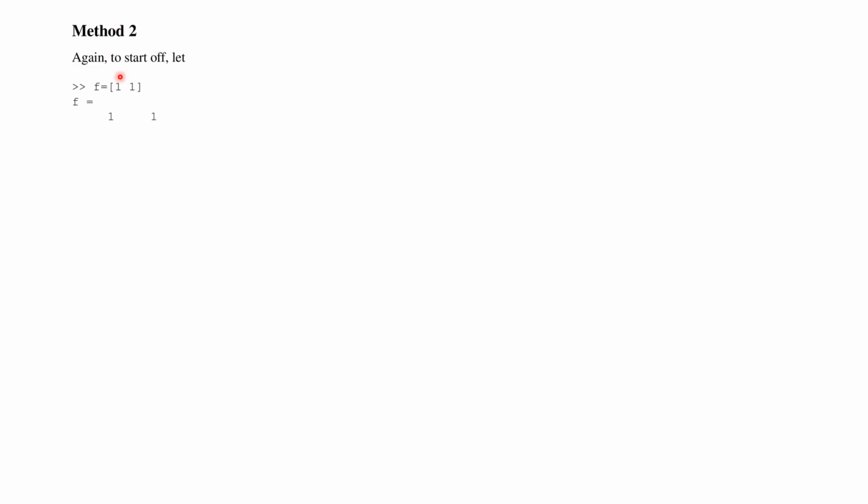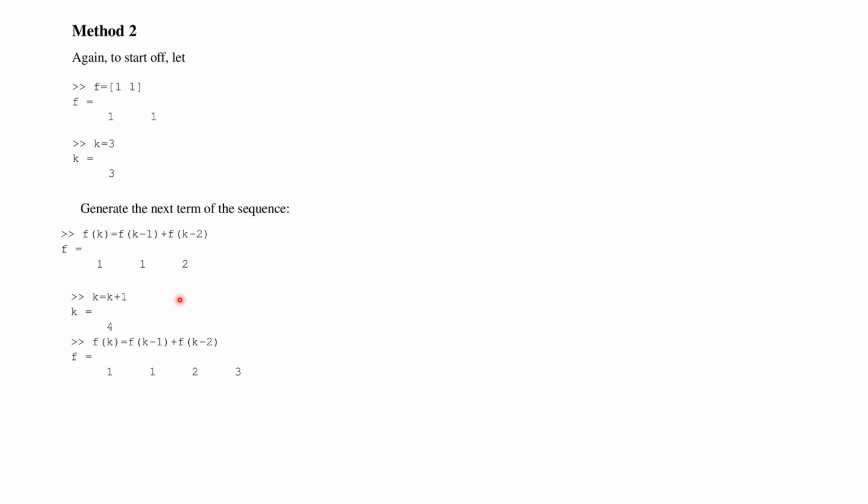A slightly different way of doing it, we start off making a vector f, which is going to be a row vector, and we set a counter, k equal to 3. Then we define how f(k) is formed. f(k) is f(k minus 1) plus f(k minus 2). So it does the same as we did before when we used that end.